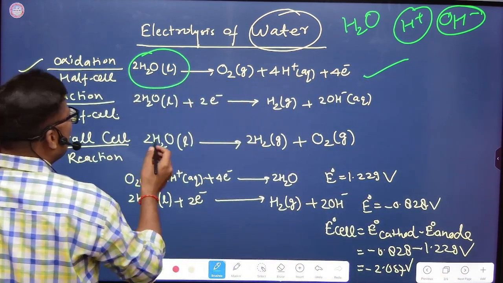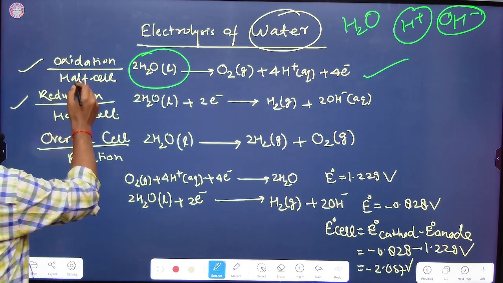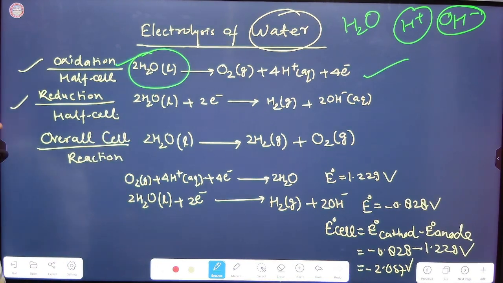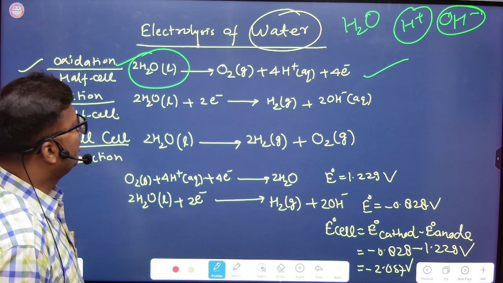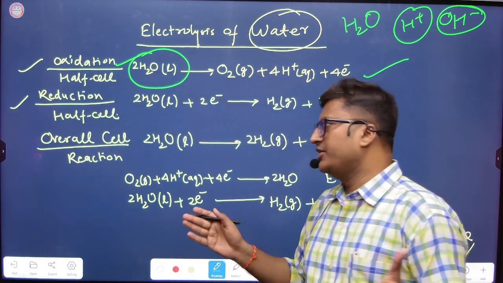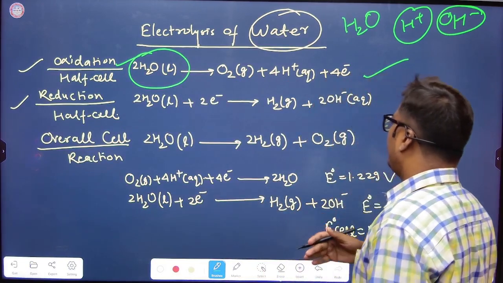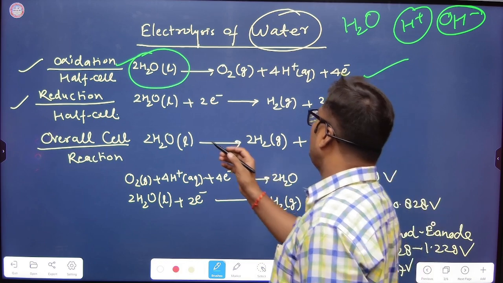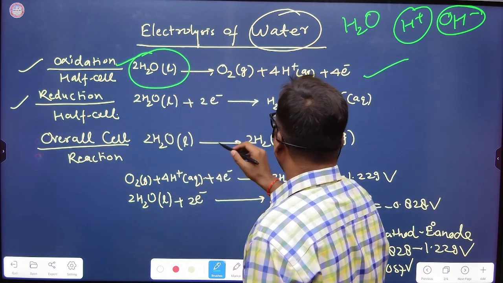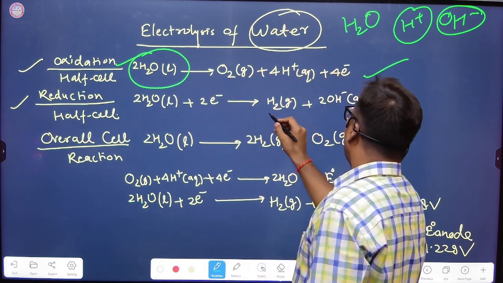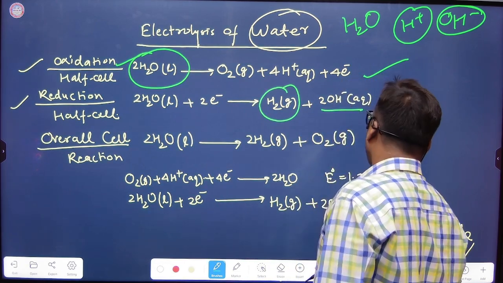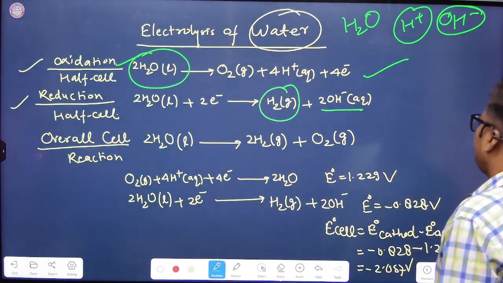So what happens? This kind of reaction occurs at anode. But another possibility is that water may be reduced by just accepting the electrons from the cathode. So 2 mole H2O receives 2 electrons and is converted back to hydrogen gas plus 2 mole of hydroxide aqueous ion, right?